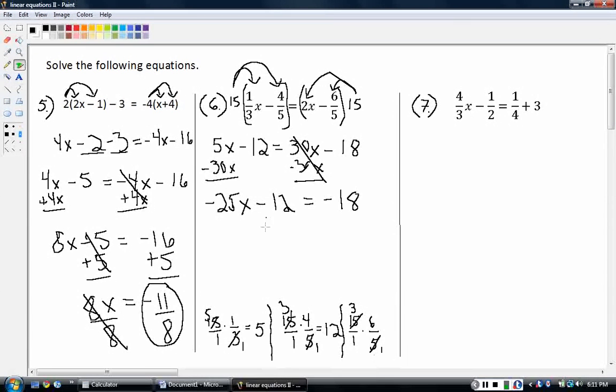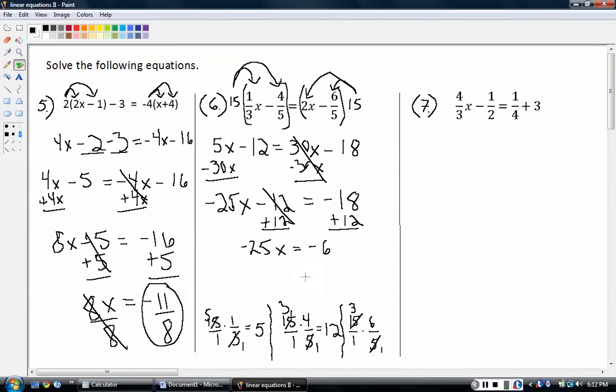And I'm going to add 12 to both sides. And I get that go away, negative 25x equals, remember to carry your equal sign with you every step, negative 18 plus 12 is negative 6.